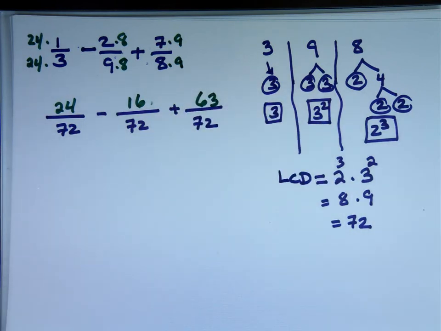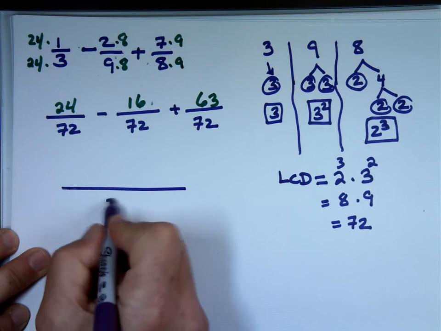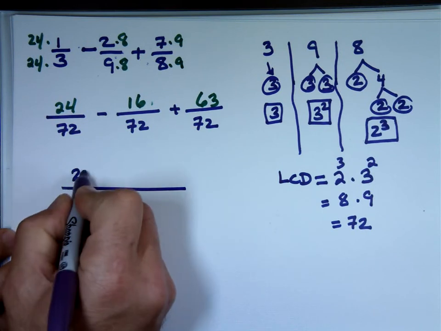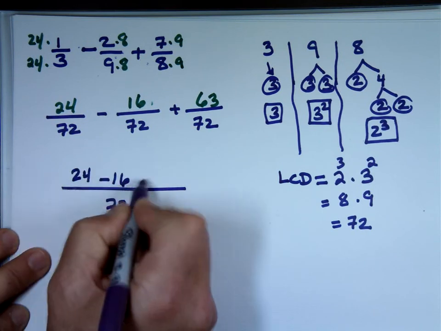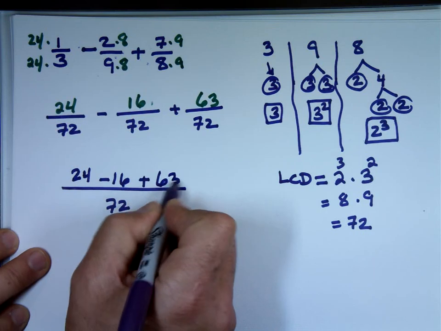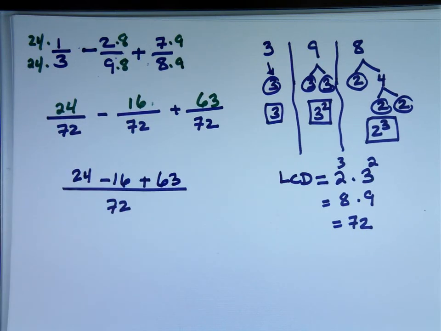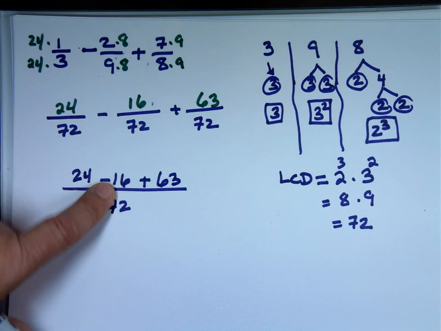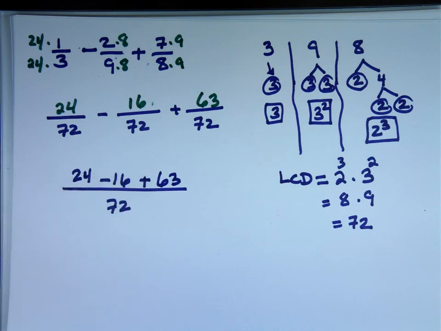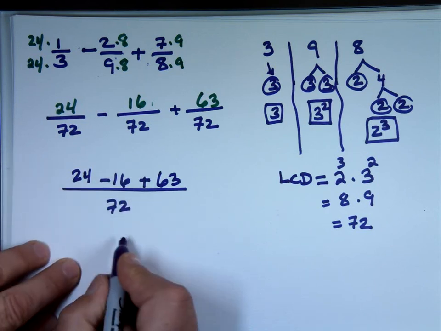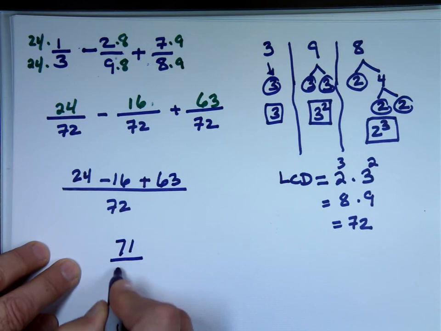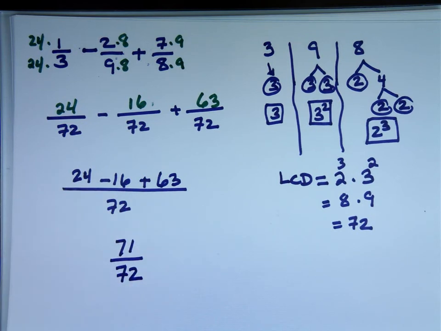It's 24 minus 16 plus 63. What's 24 minus 16? 8. 8 plus 63? 71 over 72. And I don't think you can simplify that, and that's your answer. We're not done with this section.